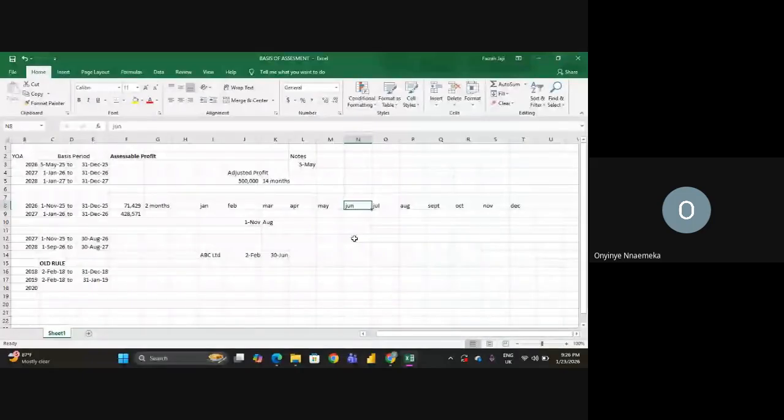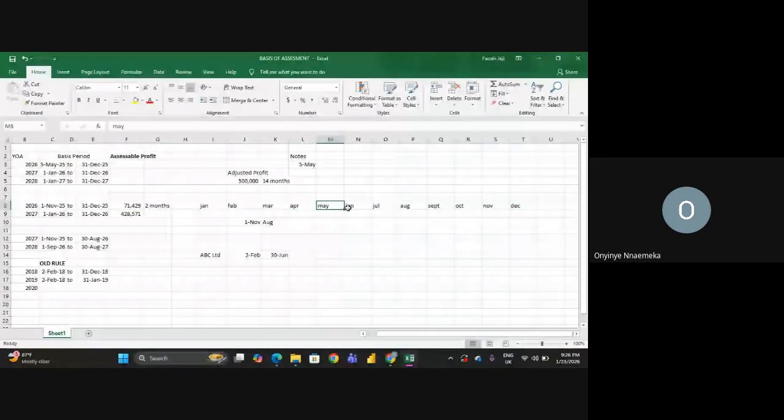If this is the end of the account period, the beginning will be in front. If you finish your account period in December, you start the new accounting period in January. If you finish the accounting period in April, we start the new accounting period in May.